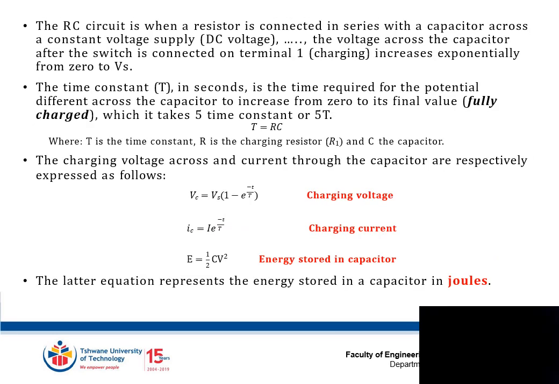The RC circuit is when a resistor is connected in series with a capacitor across a constant DC voltage supply. The voltage across the capacitor after the switch is connected on terminal 1, which is the charging part, increases exponentially from 0 to Vs. The time constant, capital T in seconds, is the time required for the exponential voltage across the capacitor to increase from 0 to its final value when it's fully charged, which takes 5 time constants or 5T.